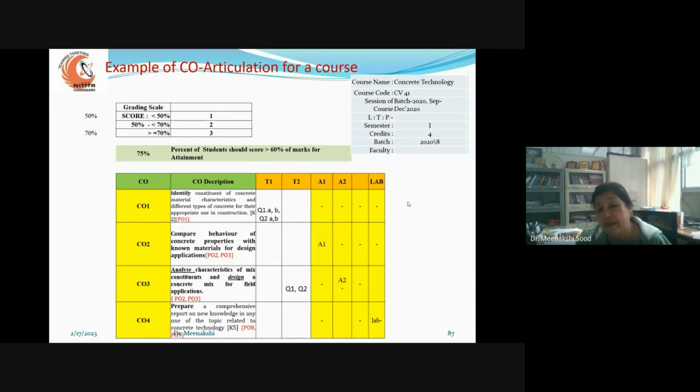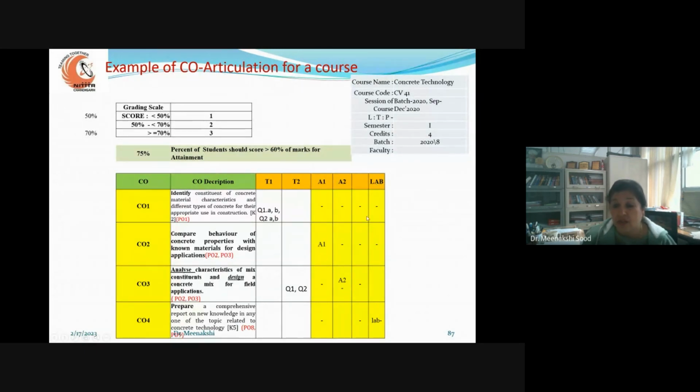Suppose in this program we have two term exams: T1 is the mid exam or terminal exam, whatever you call it, and T2 is the end semester exam. A1 is one assignment, A2 is another assignment, the third one can be a quiz or a presentation, and then you can have lab.